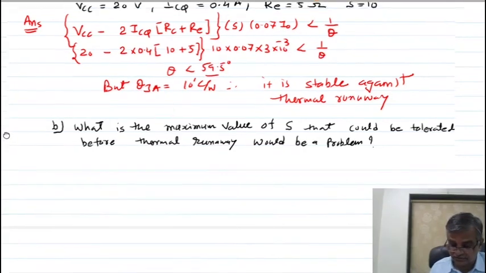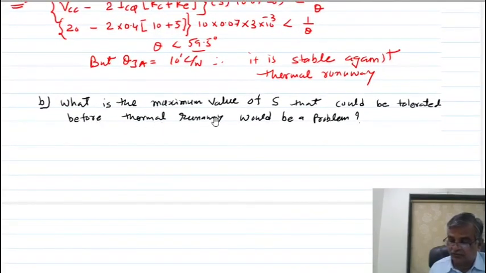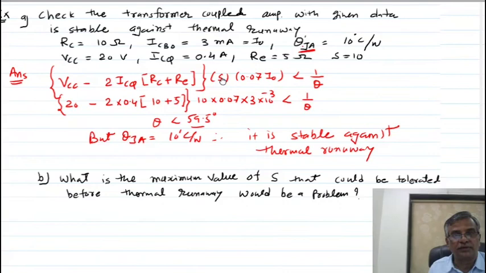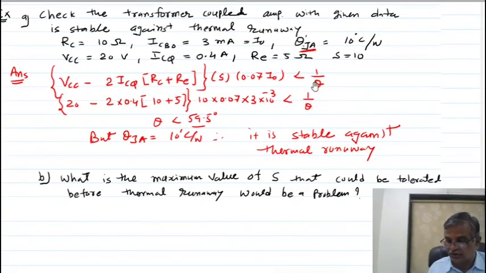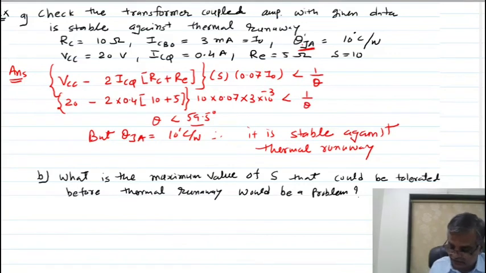Now, second question. What is the maximum value of S that could be tolerated before thermal runaway would be a problem? What should be the maximum stability factor S you should keep so that there is no problem of thermal runaway? If theta is this much, 60. See, I am writing the equation, you get some idea.